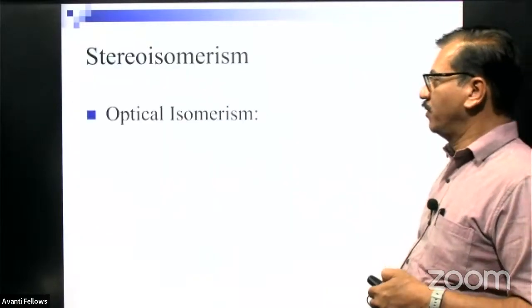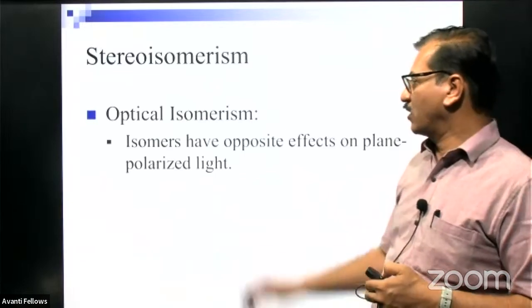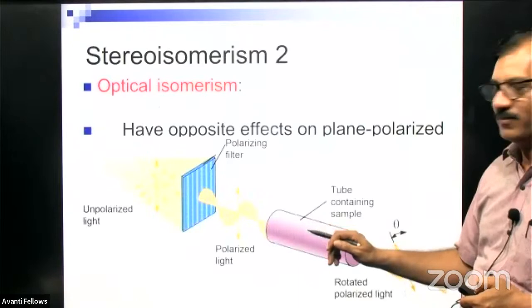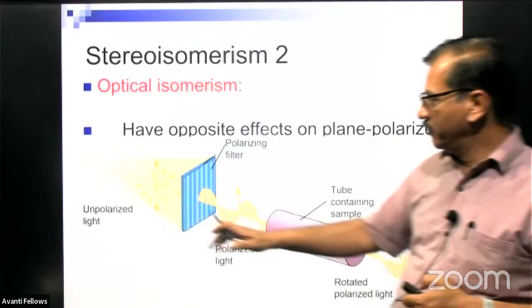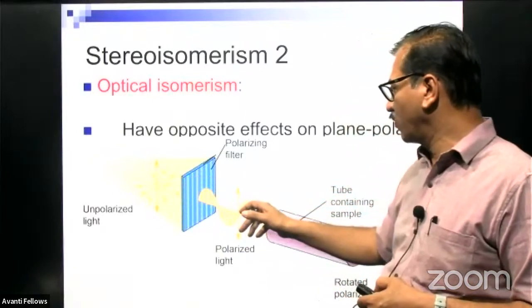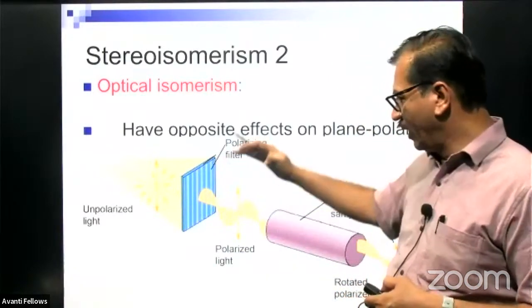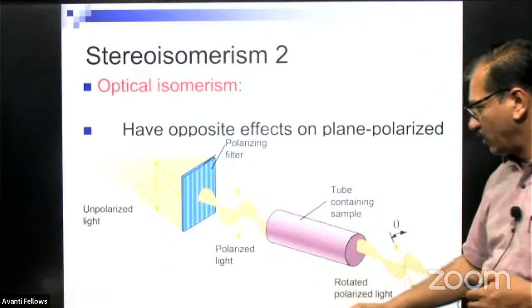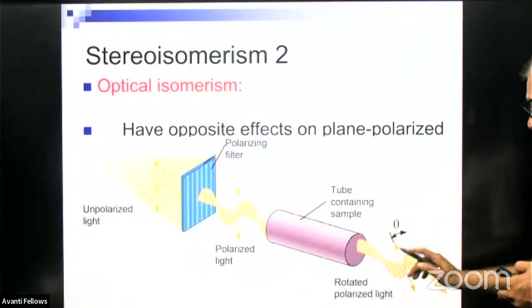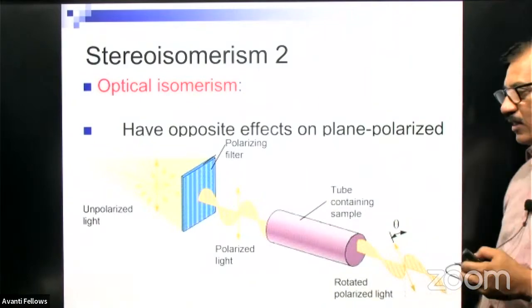Optical isomerism is a type of stereoisomerism where isomers have opposite effects on plane polarized light. This is the picture that you have seen: light vibrating in all directions passes through the polarizing filter and becomes unidirectional. Polarized light passes through a tube containing a sample and is tilted by some angle.